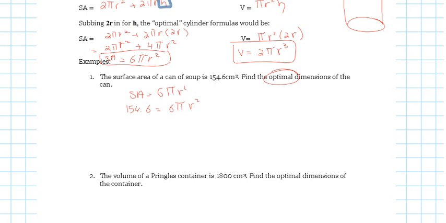All right. So what do I have to do now? Yeah, divide by 6 pi. You can do it step by step, divide by 6 first, then divide by pi, or you can divide by 6 pi altogether. Now when you do that, make sure you put it in brackets.